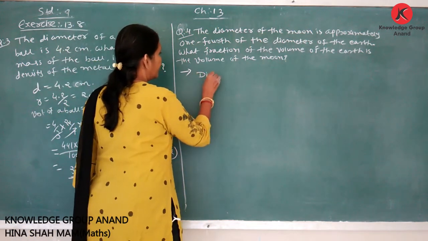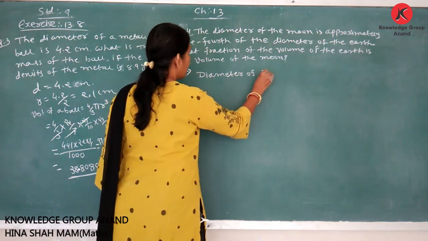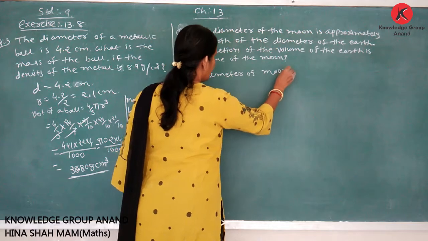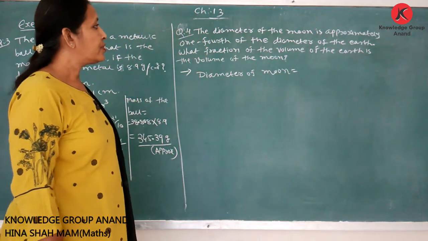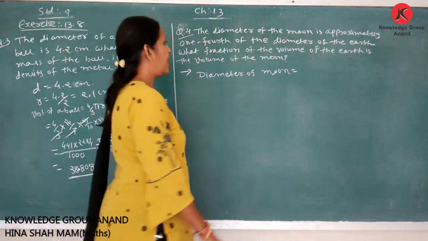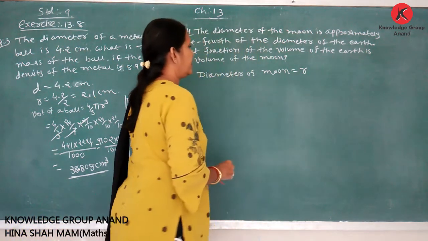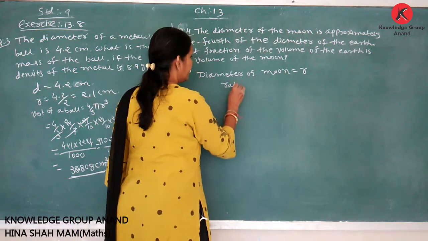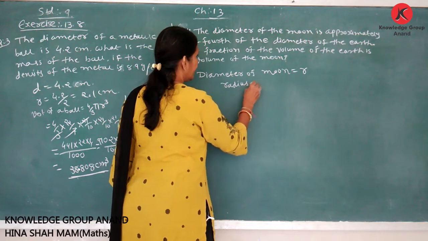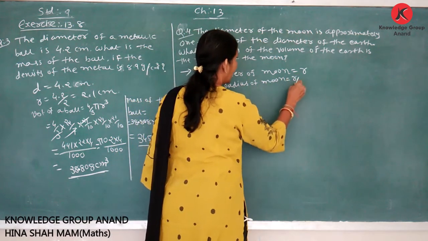Diameter of moon is equal to R. Then radius of moon is equal to R by 2.